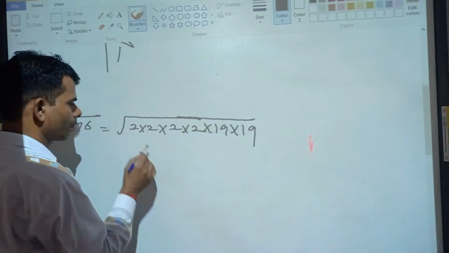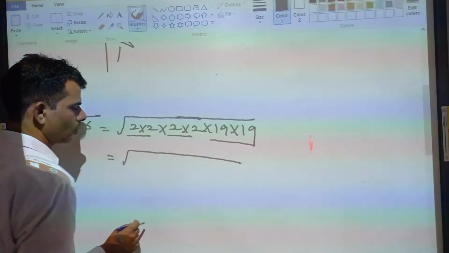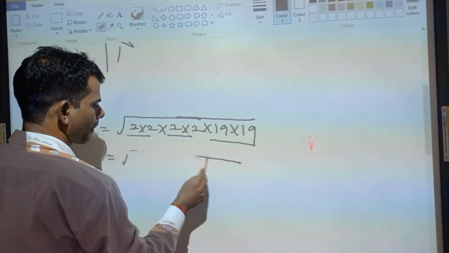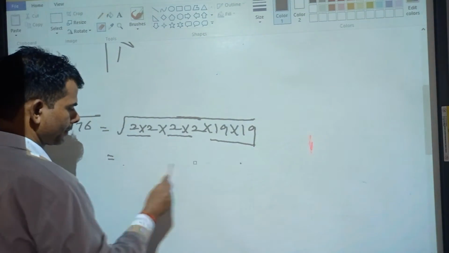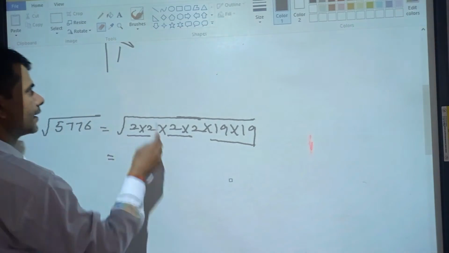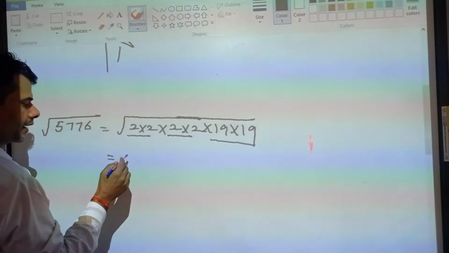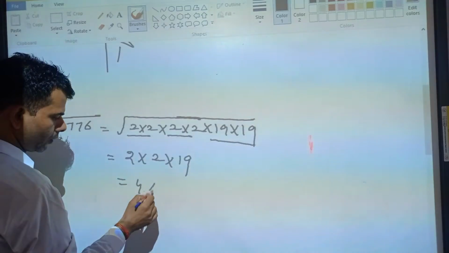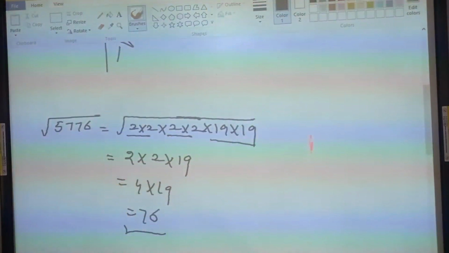Sorry sir, they are perfect squares. So it becomes 2 into 2 into 19, which is 4 into 19, that is 76. Okay, any doubt, any problems?